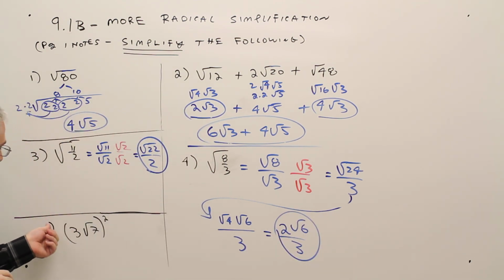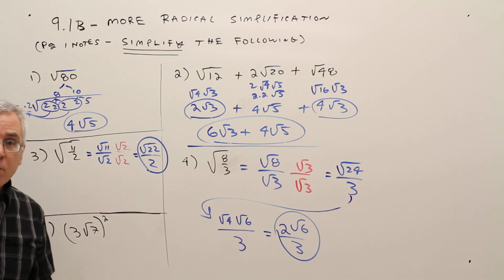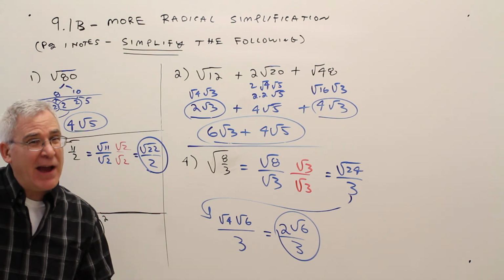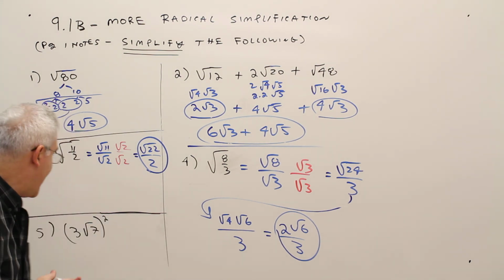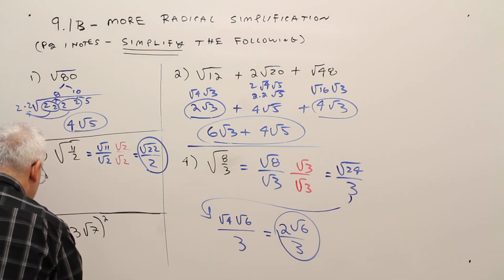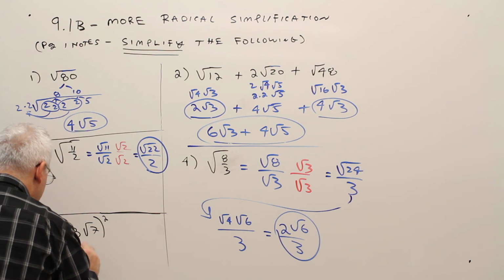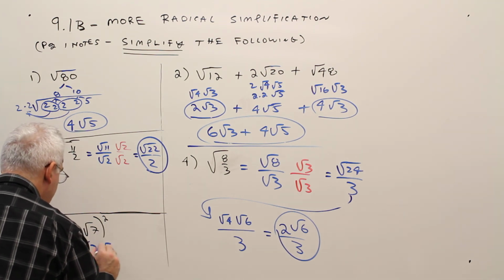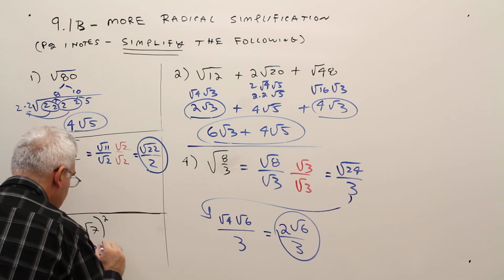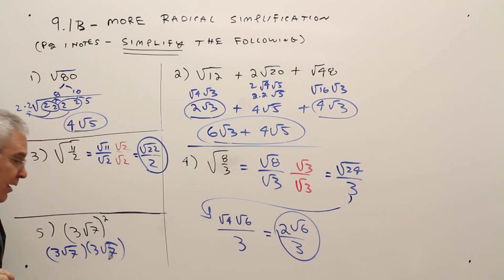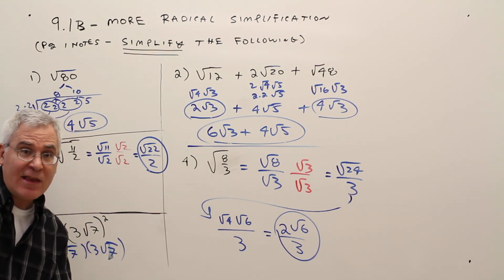Okay, finally, example 5, 3 rad 7 squared. So whenever you got something squared, you're multiplying it by itself. So I find it helpful if I rewrite this as 3 rad 7 times 3 rad 7. Okay? Then I'm going to do the outsides and the insides.